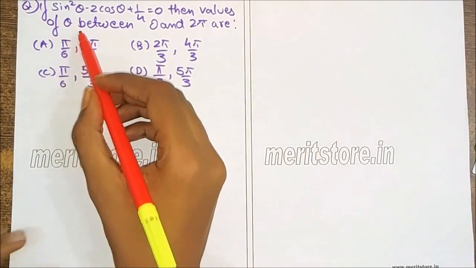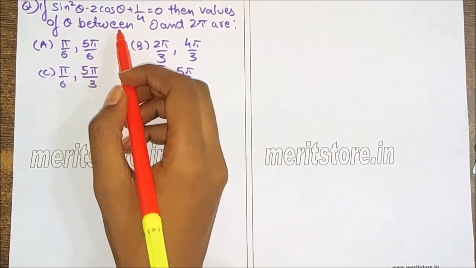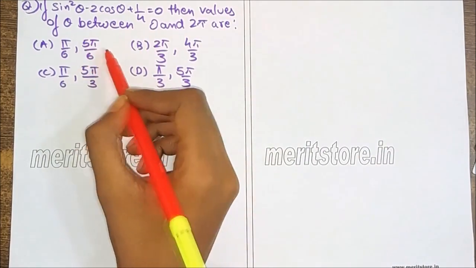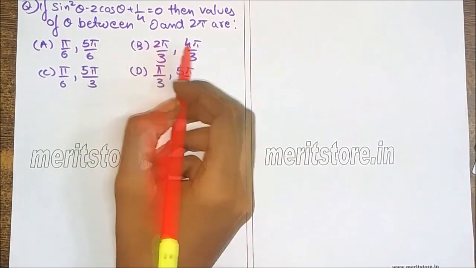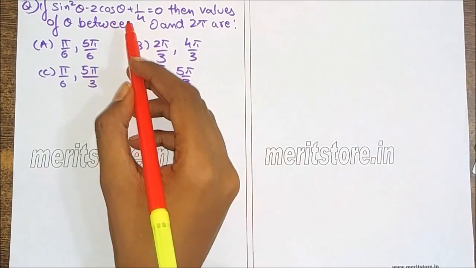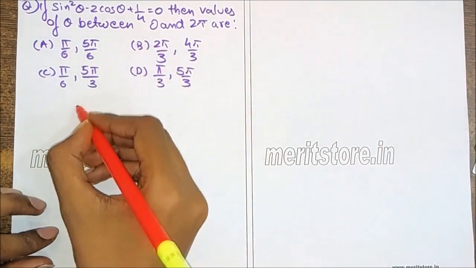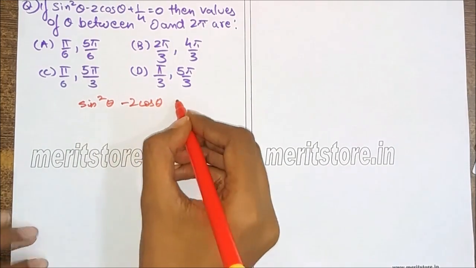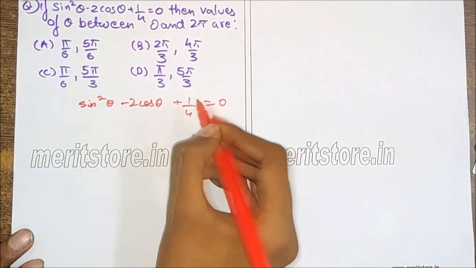The next question is, if sin square theta minus 2 cos theta plus 1 by 4 is 0, then the values of theta between 0 and pi are, these are the options. So first we will find the roots of this equation. The equation is sin square theta minus 2 cos theta plus 1 by 4 equals 0.